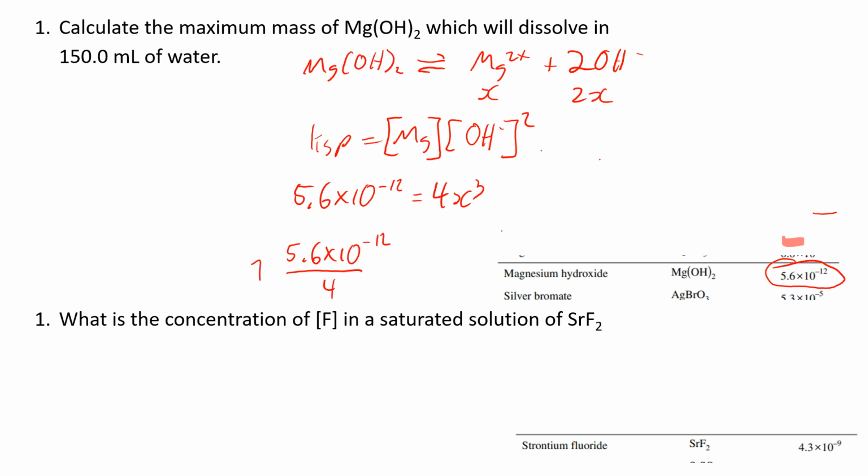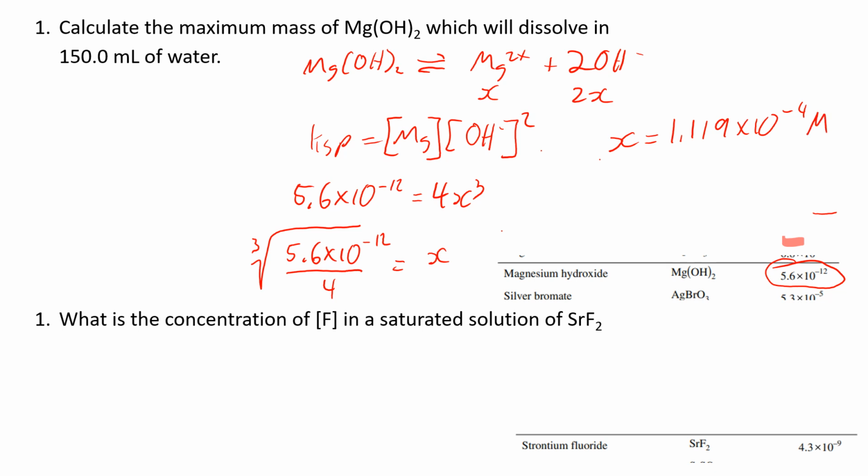After you divide it by 4, you take the cube root of it, and that's going to equal my X. So I have my calculator here. 5.6 times 10 to the minus 12 divided by 4 equals, and I take the cube root of it, and I get X equals 1.119 times 10 to the minus 4. And that is my molarity.